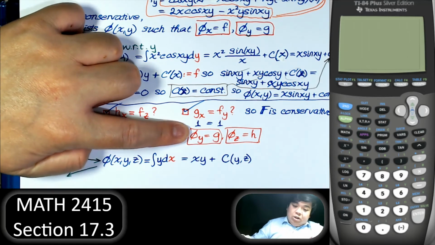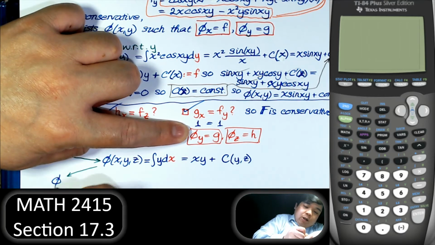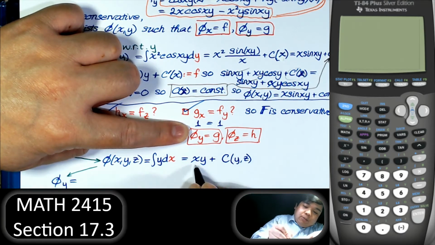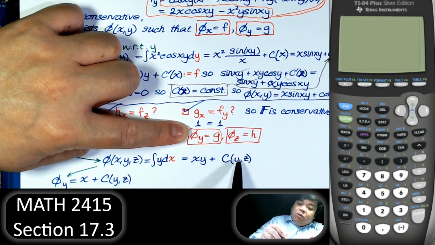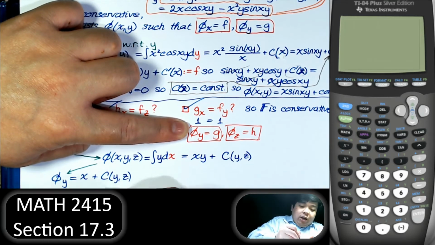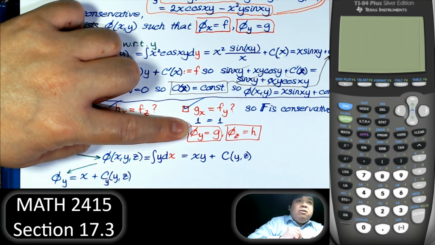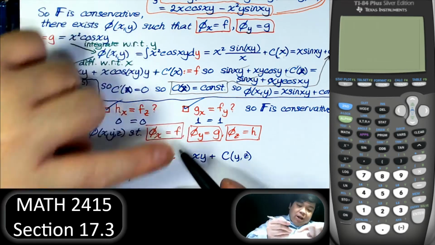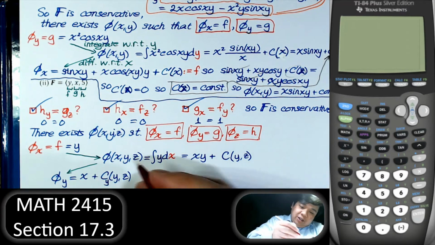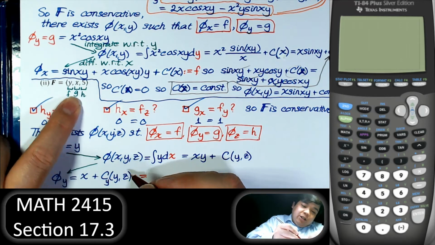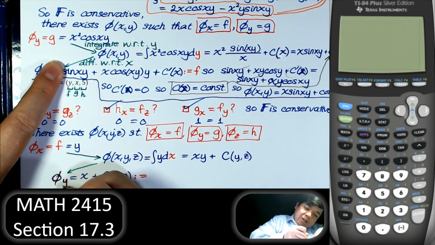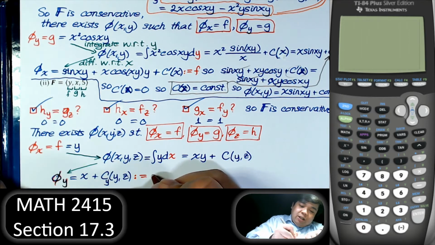So we'll take the derivative with respect to y, it will be x plus the derivative of c of yz. Now remember there are two variables, so it has to be a partial derivative. And I'm going to make that equal to g, which is x.